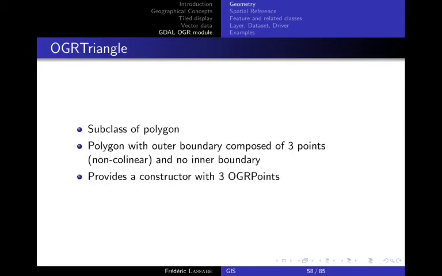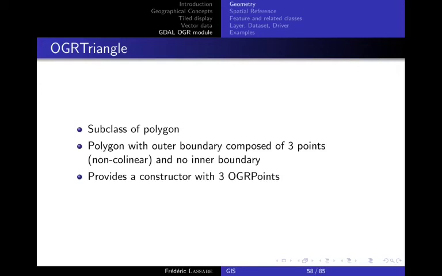The OGR triangle, it's a subclass of the polygon with an outer boundary composed of only 3 points, which must be non-collinear, because else you do not have a triangle but a line, and has no inner boundary.